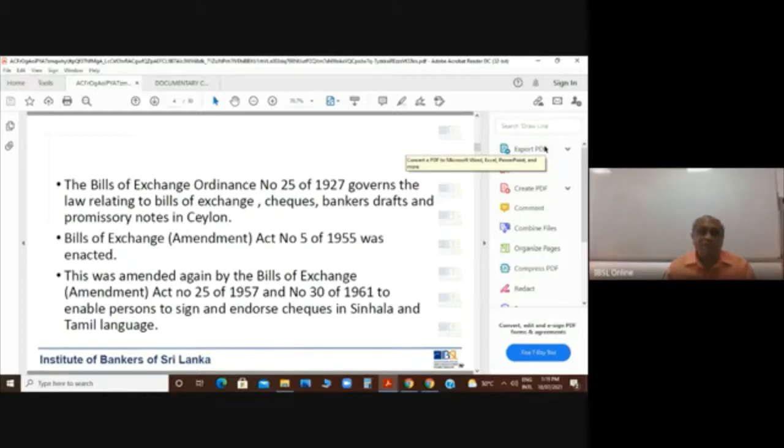It governs the law related to bills of exchange, checks, bankers' drafts, and promissory notes in Ceylon. Then this was amended by Bill of Exchange Act number 5 of 1955, right? It was amended, and again amended by Act number 25 of 1957 and Act number 30 of 1961.